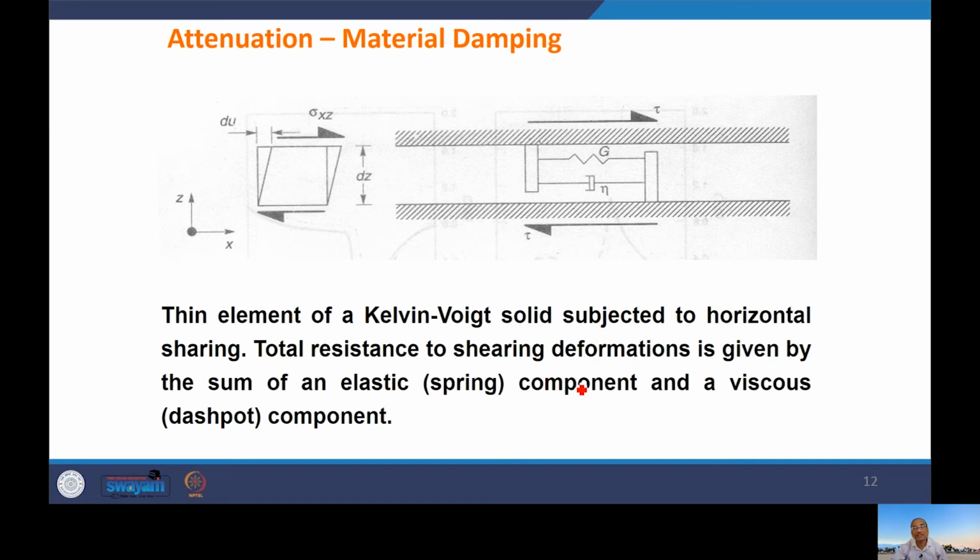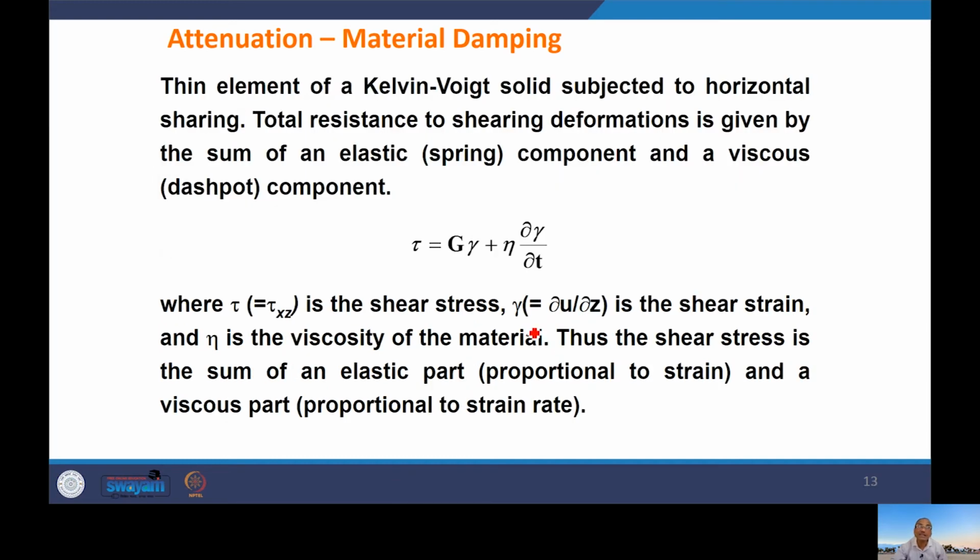Total resistance to shearing deformation is given by the sum of an elastic spring and a viscous dashpot component. So first of all, the total resistance will be coming from this spring as well as the viscous dashpot, and this total resistance can be represented by the total shear stress, tau_xz = G gamma + eta del gamma by del t.